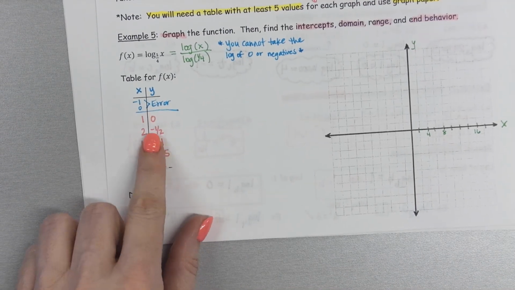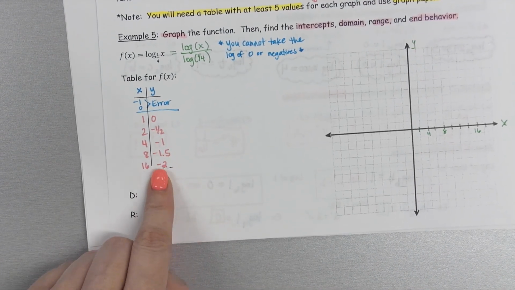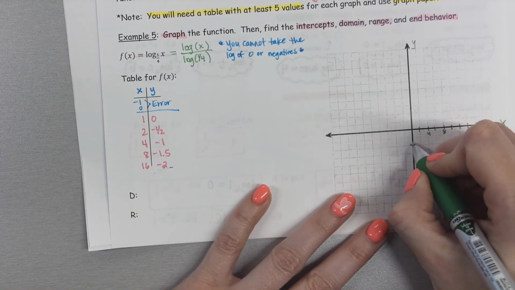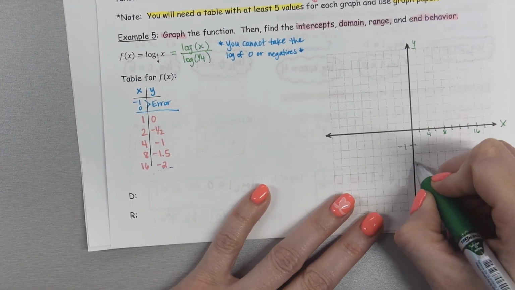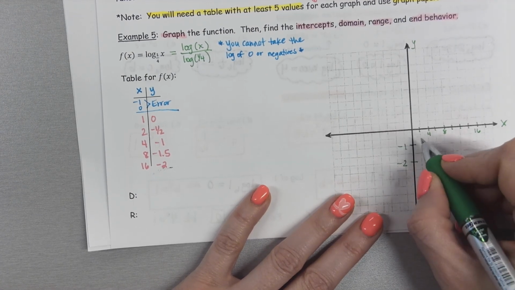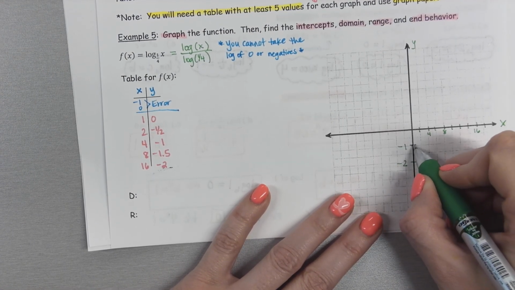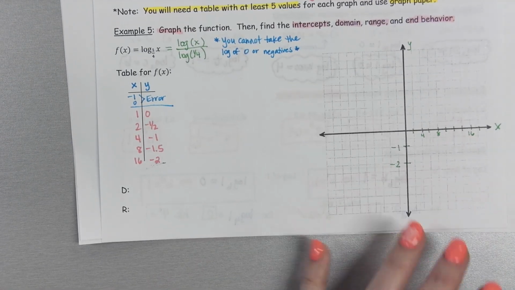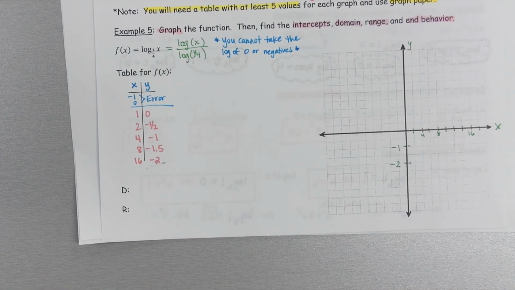Okay, and then here I have 0, -1/2, -1, -1.5. So this one might be nice to go by halves. So then you have -1/2, -1, -1.5, -2.